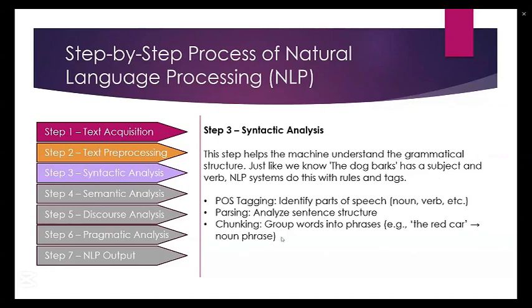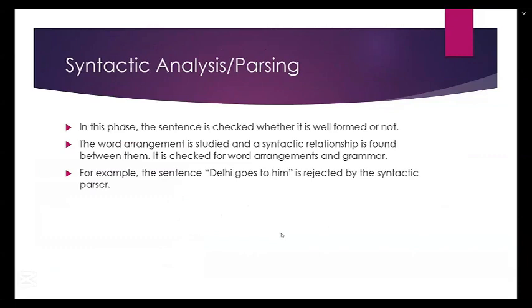Okay. So if we dig into that process further, the basic idea is to understand the well-formedness of the paragraph, right? For example, see this sentence: Delhi goes to him, right?